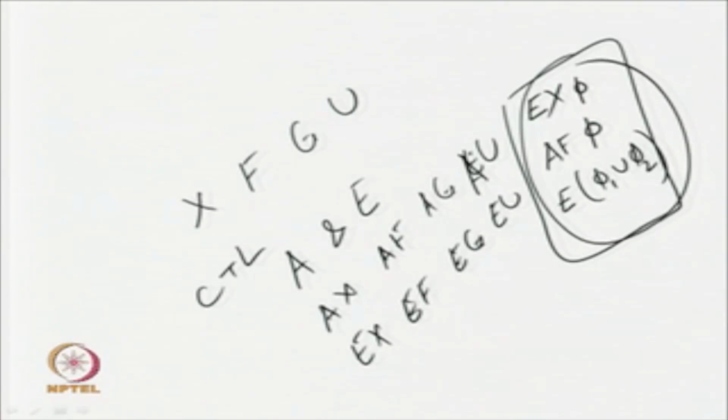That means A x, A f, A g, A u and similarly E x, E f, E g and E u. Out of that, if we have the procedure for these three operators, the others can be evaluated. So, you just see that we are using ROBDDs to evaluate these three procedures.